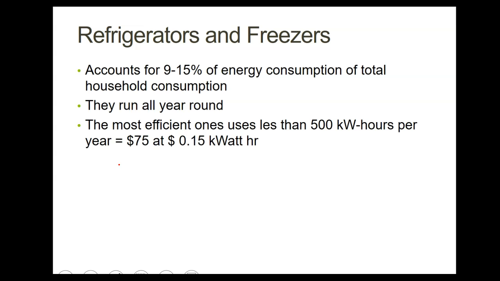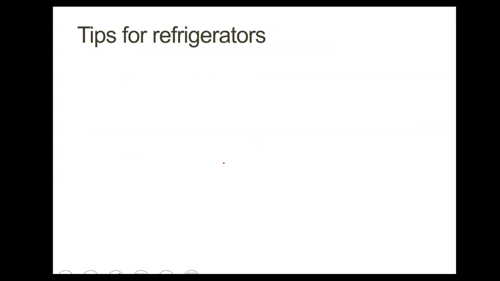So the most efficient ones can use less than 500 kilowatt hours per year, about 75 dollars a year. This is the most efficient ones, which is not that much, but again that is considering that you keep it closed all the time. So that calculation does not account for you opening and closing the fridge, which is where you lose a lot of the heat, and putting new food in.